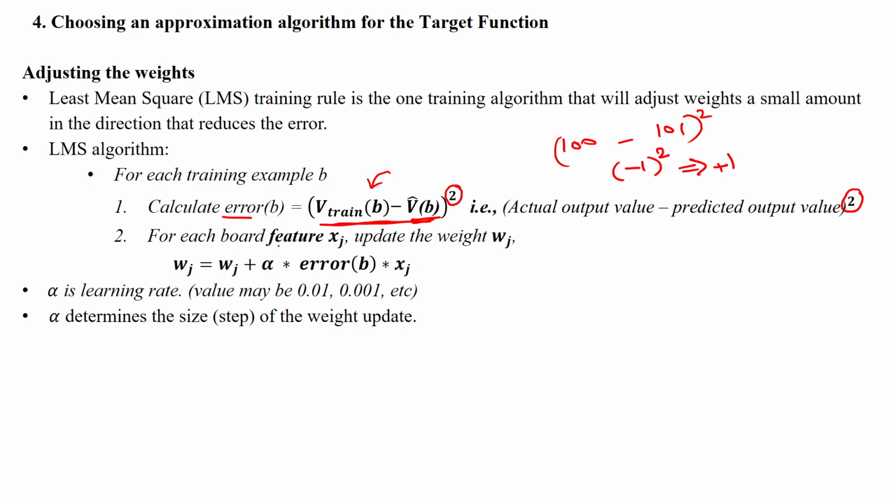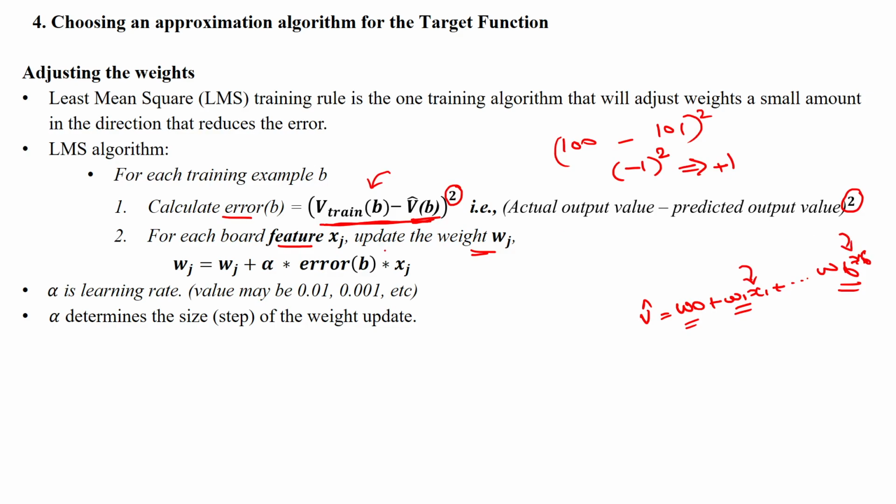For each board feature we have to update the weights, because our hypothesis function is V cap equal to w0 plus w1 x1 and so on up to w6 x6. So here we have weights for each and every feature from x1 to x6.